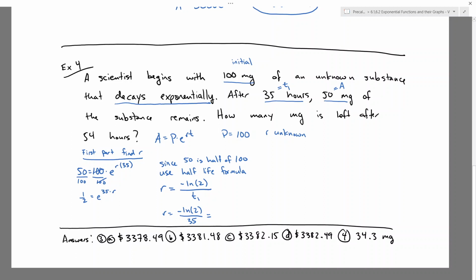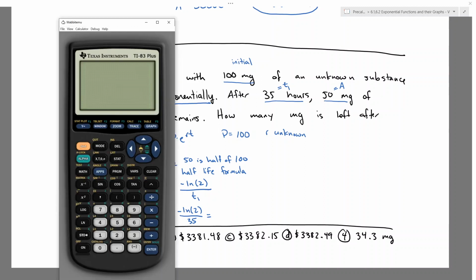So the natural log function is part of the calculator, so let's use the calculator. So we want to calculate the negative natural log. The natural log key is this button here, ln.